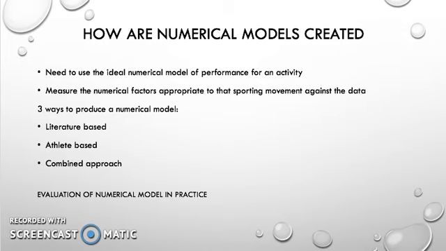Literature-based, from information from reliable research journals and coaching publications. Athletes-based, data from an athlete's performance. Combined approach, get an average ideal numerical model from using literature and athletes' data.